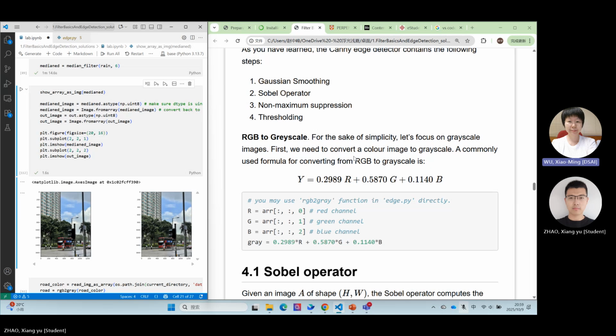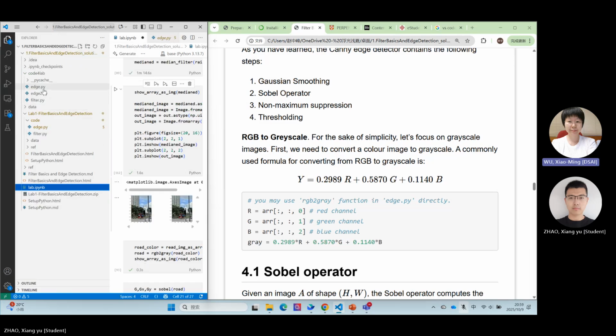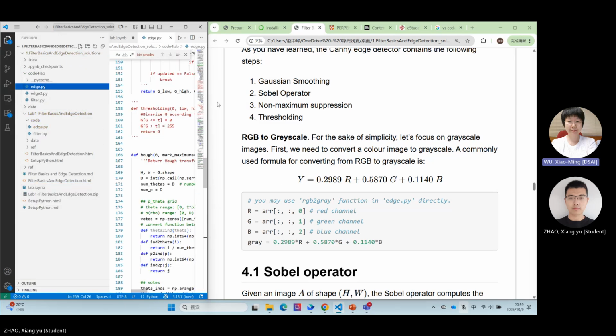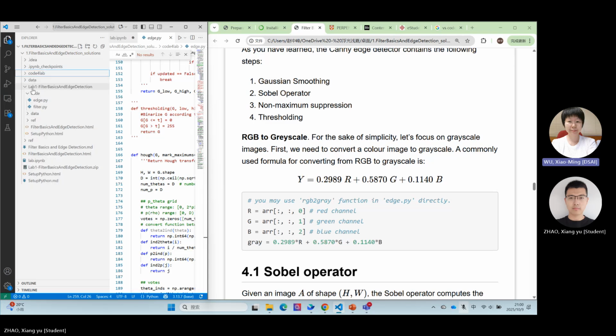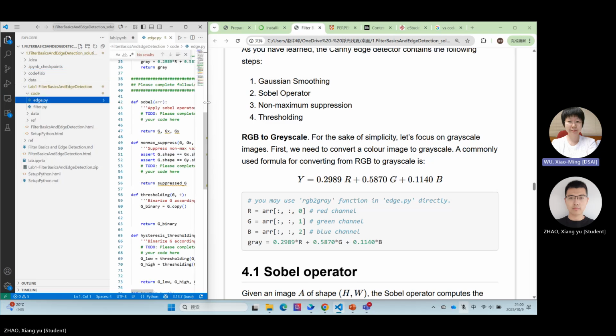First, you need to convert color images to the grayscale. This is the formula to convert RGB to grayscale, and in the basic code, we also give you the functions. You can just use the functions. The functions are in the edge file. Sorry. In this place.